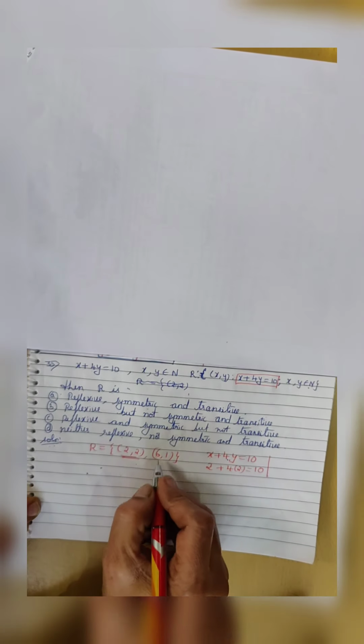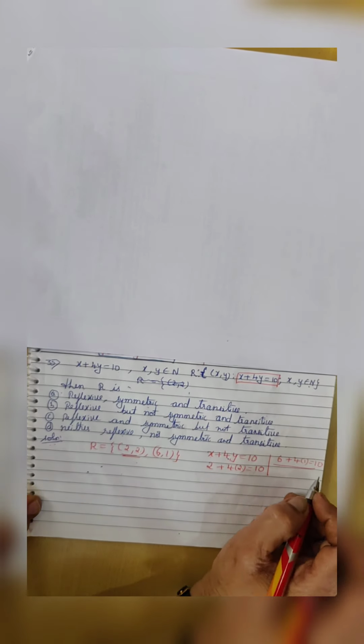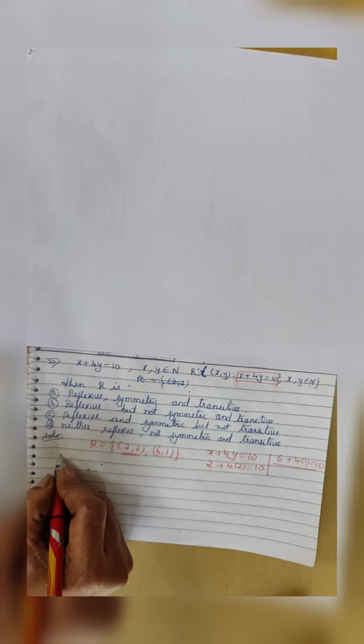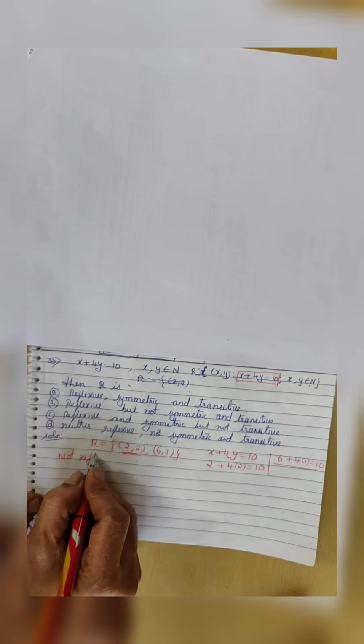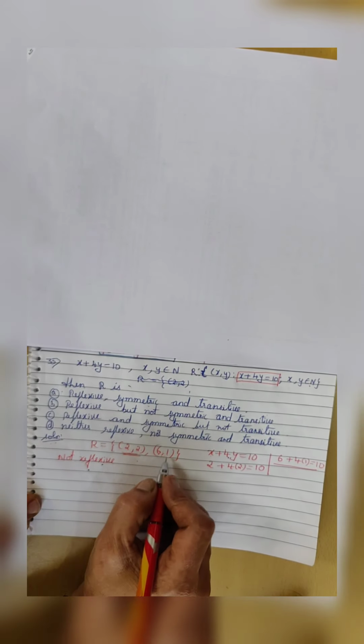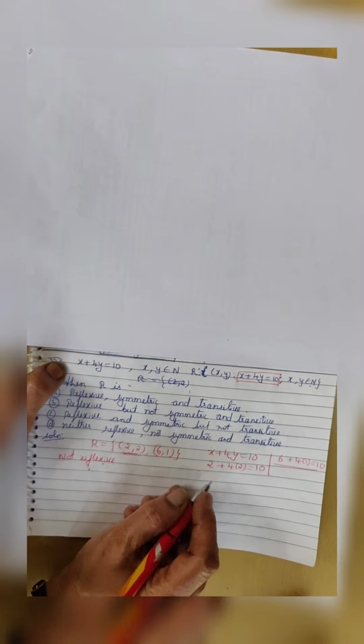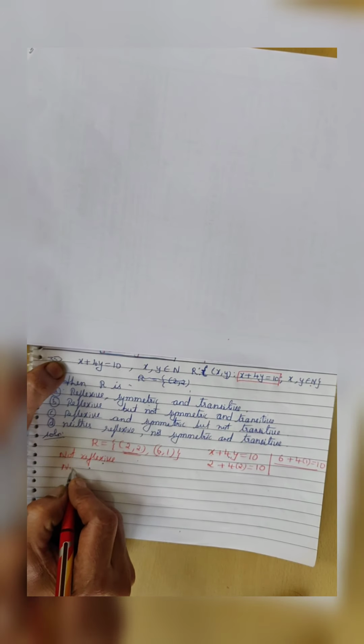Then we will take 6, 1. It is 6 plus 4 into 1, that is equal to 10. So we have only 2 ordered pairs, and definitely it is not reflexive, because we don't have (1, 1) and then (6, 6). And then symmetric, we have (6, 1), but we don't have (1, 6). So not symmetric.